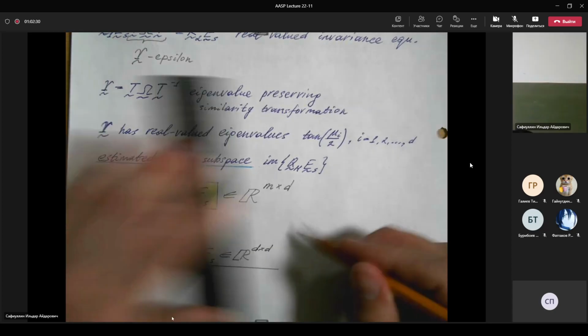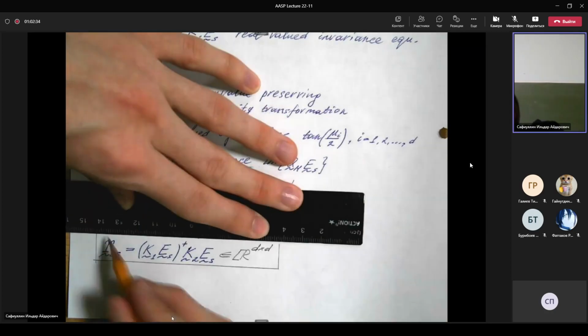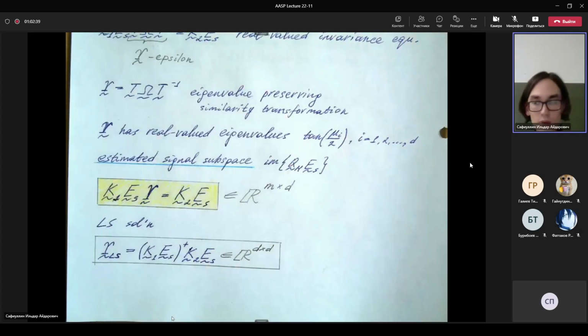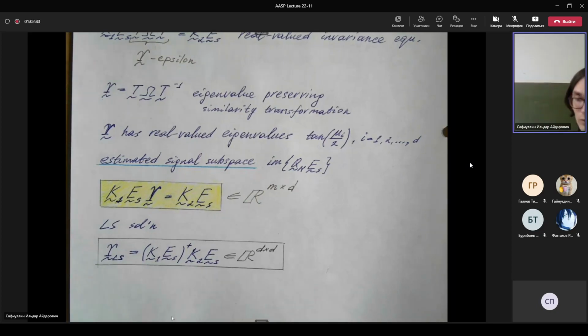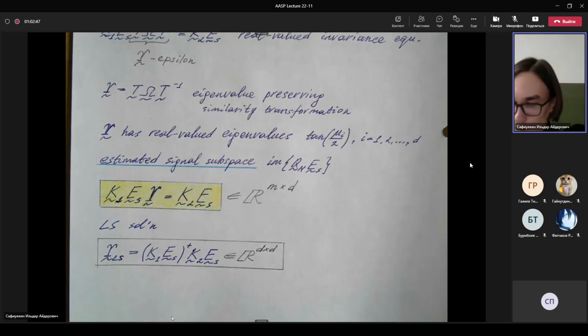I put this solution into the box, and then, of course, as before, we can use total least squares or structured least squares algorithms to find this matrix epsilon.